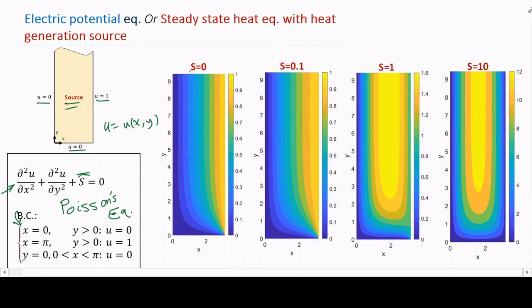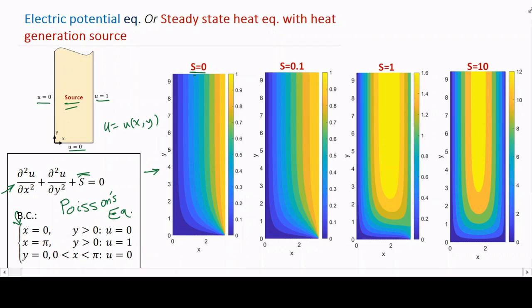If we set the source term to be 0, then this Poisson's equation will be reduced to Laplace's equation.